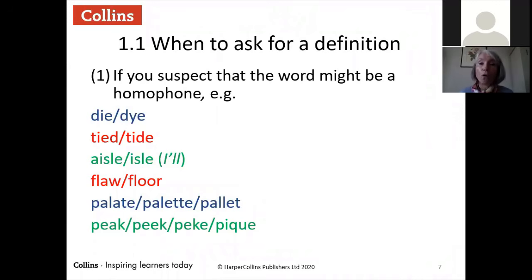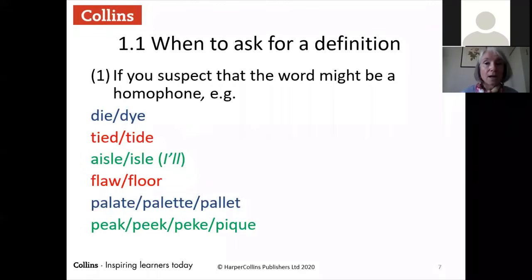Look at floor, flaw. Look at palette, three different spellings depending on the meaning. And look at peak, four different spellings depending on the meaning. So some of these homophones are fair game. So if a competitor is asked to spell a word that he or she suspects might be a homophone, they must ask for the definition to get clarification.